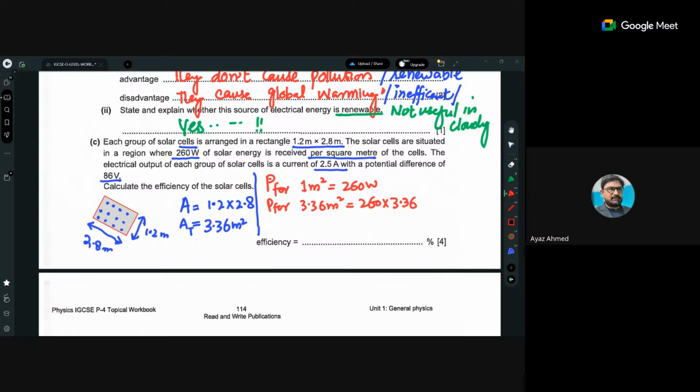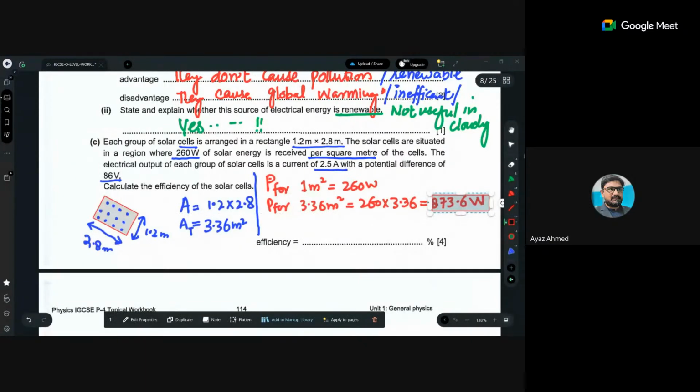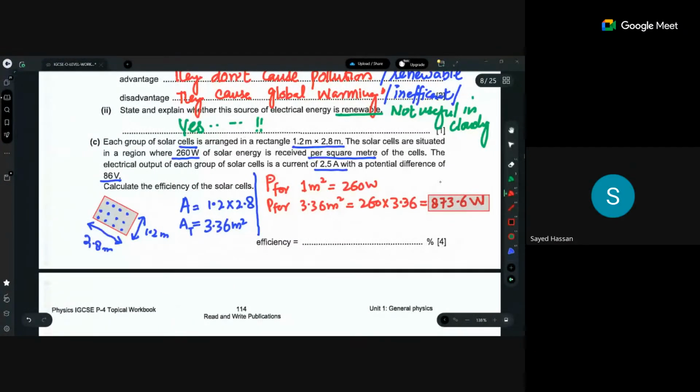So what did you get? 873.6 watt. It is actually the input power of your solar plate. Are you getting it? Yes, sir. This is the power input.